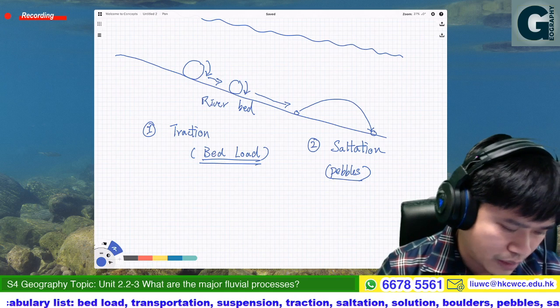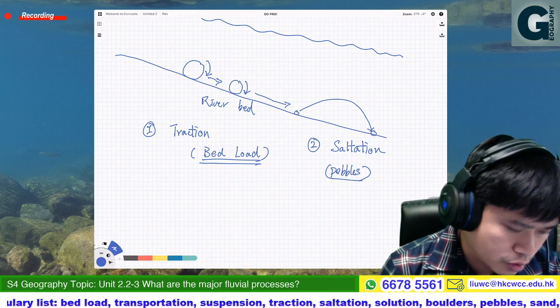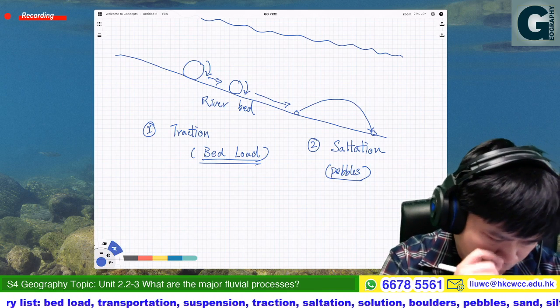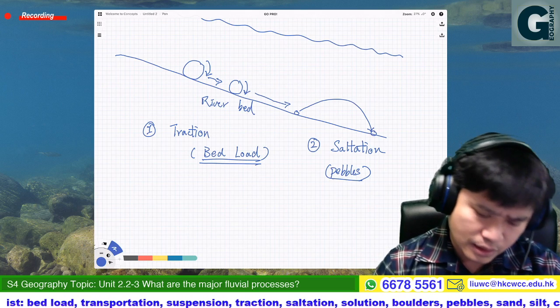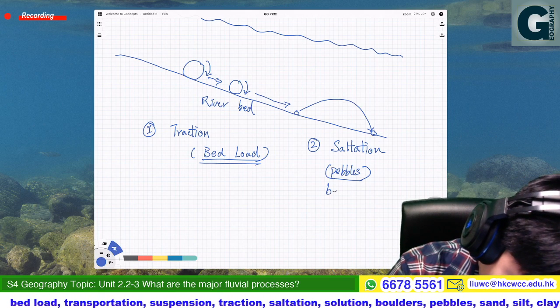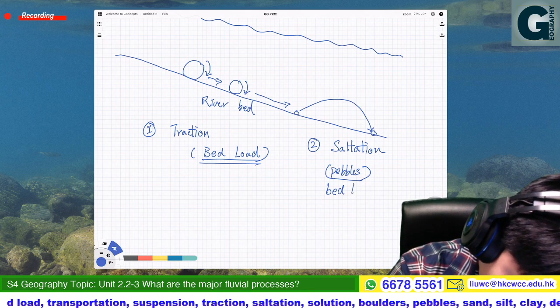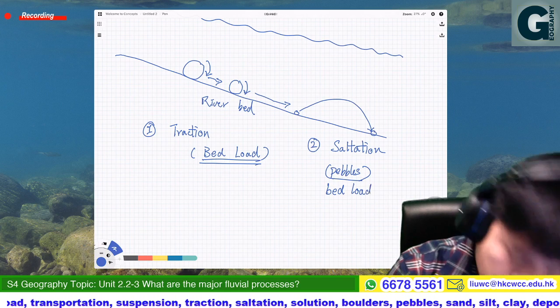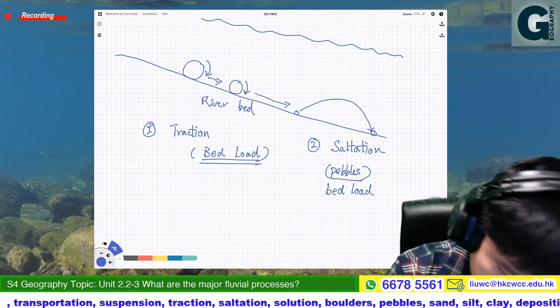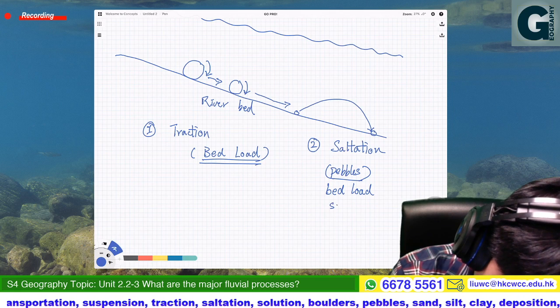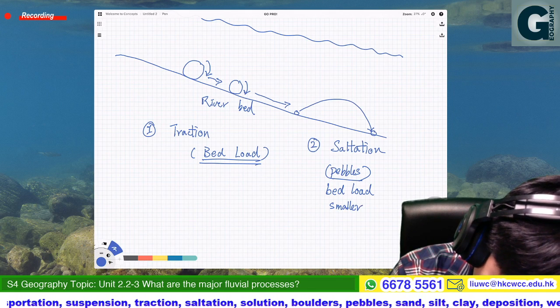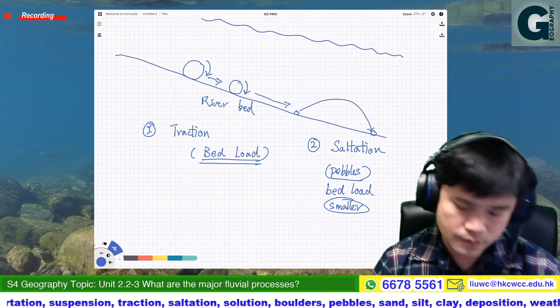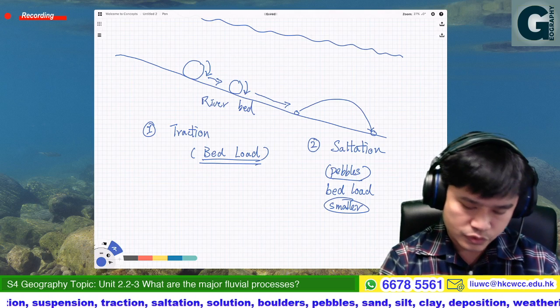From our definition, it could also be part of the bed load, but this is much smaller than this.